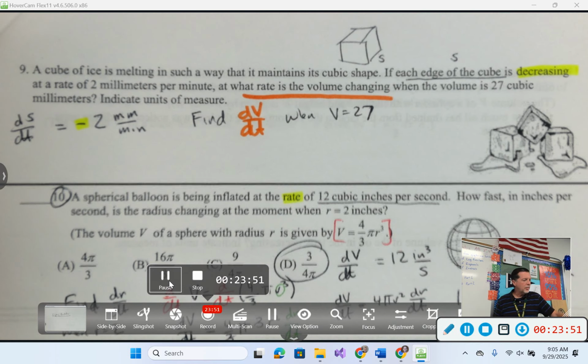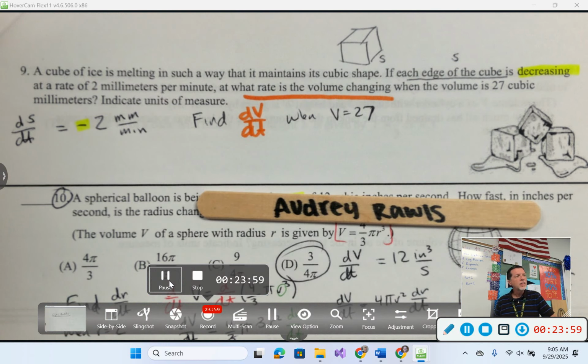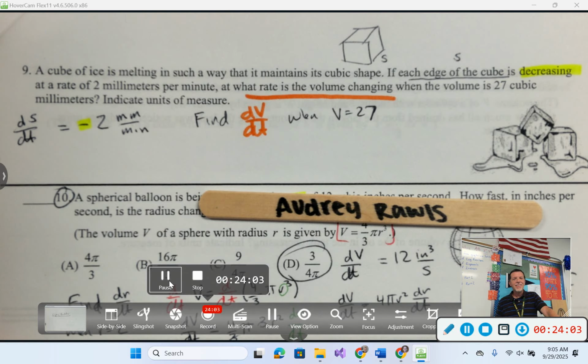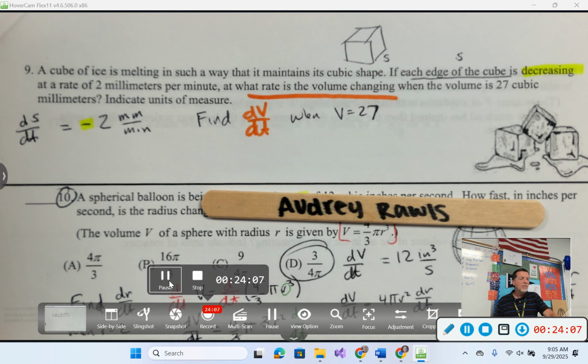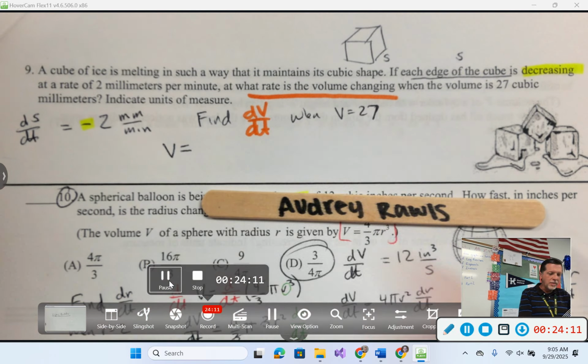Well, they did not give me an equation for this one, but I bet Audrey knows the volume of a cube. The volume of a cube. I need an equation to take a derivative of so that my dV/dt will show up.